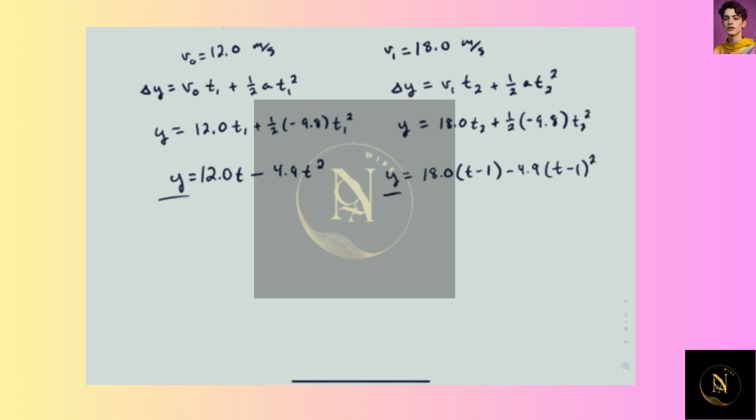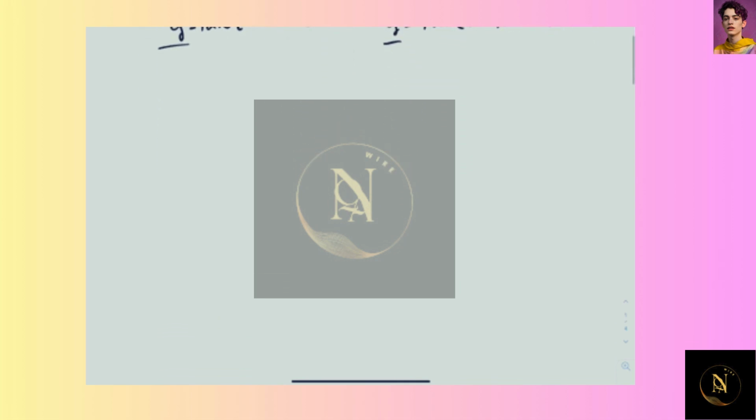And now we have y's in both, so we can set these equal. So 12t minus 4.9 t squared equals 18 t minus 1 minus 4.9 t minus 1 squared.